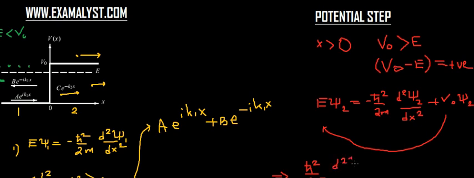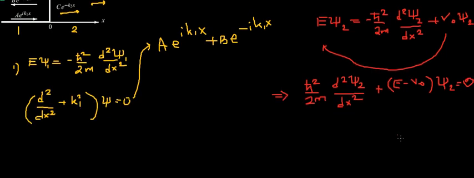We get d square psi 2 divided by dx square, and E minus V naught psi 2 equals 0. I'm trying to show you the problem if you do this.